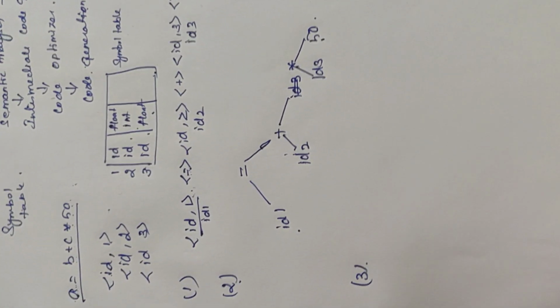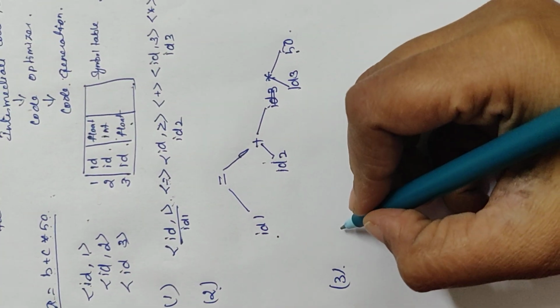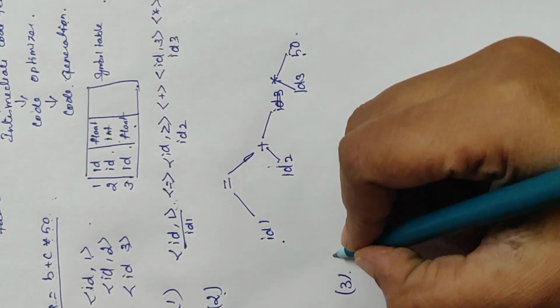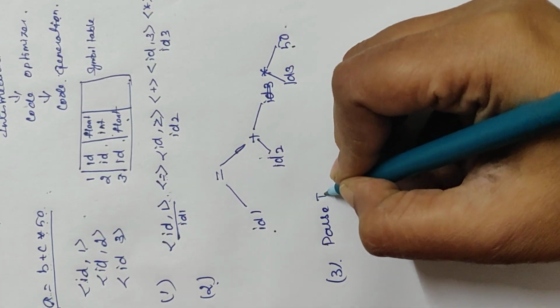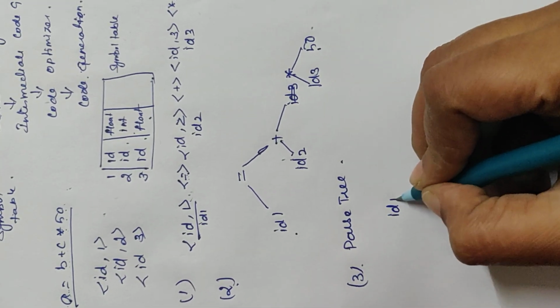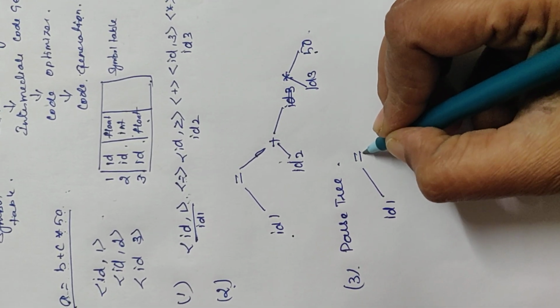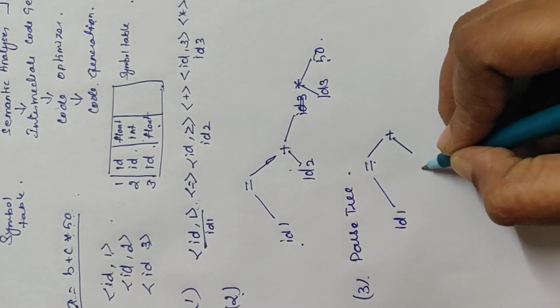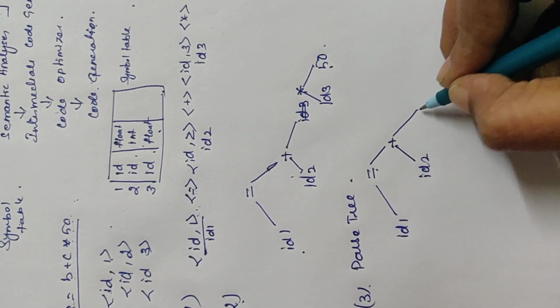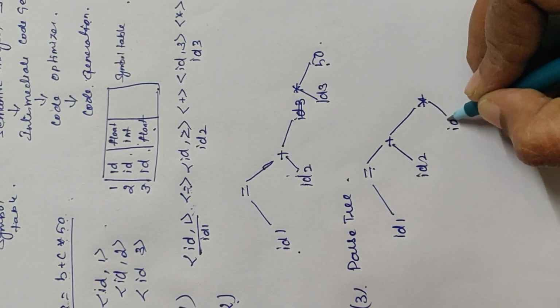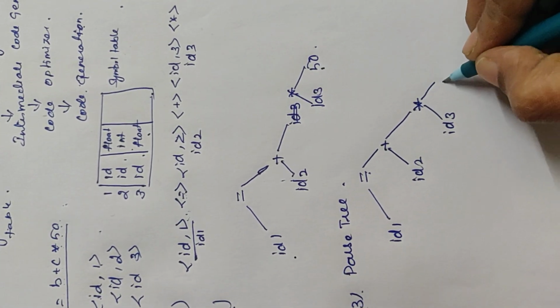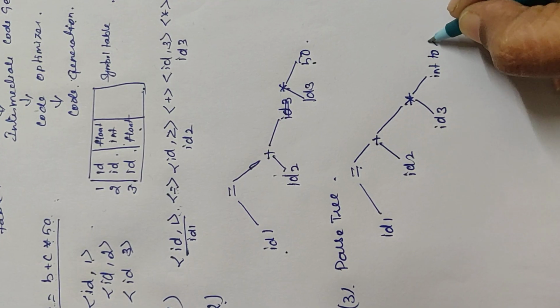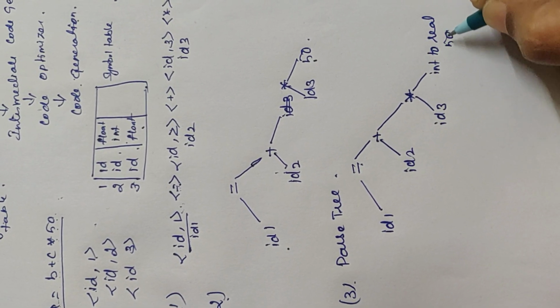Here your abstract parse tree will be id1 equal to plus id2, star id3, and here int to real of 50.